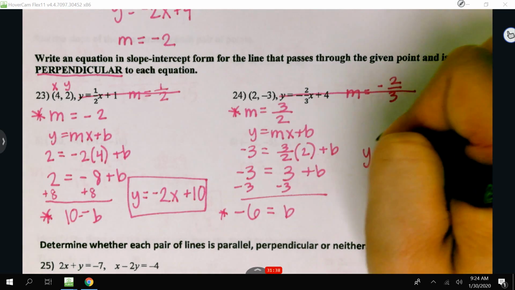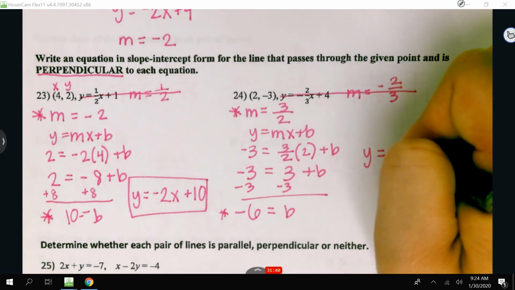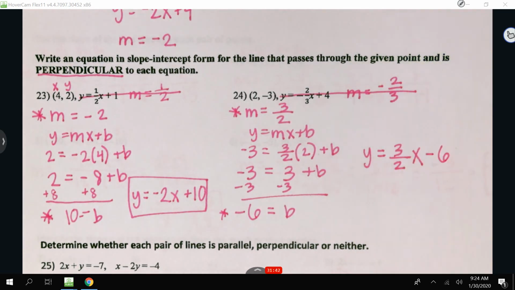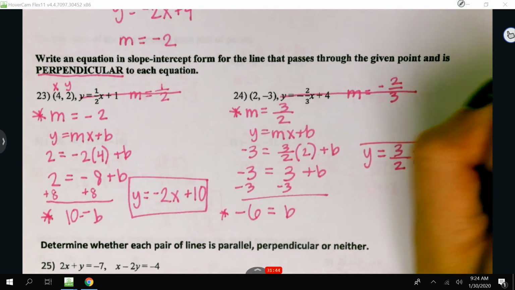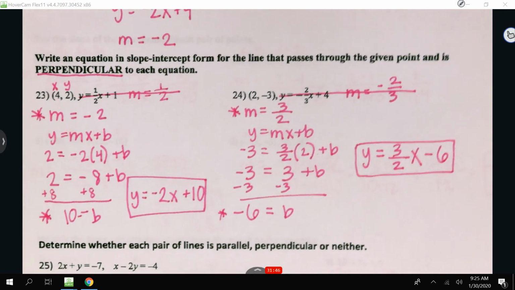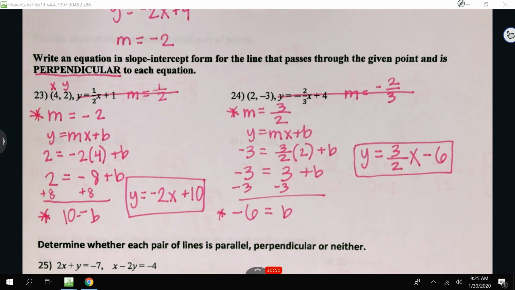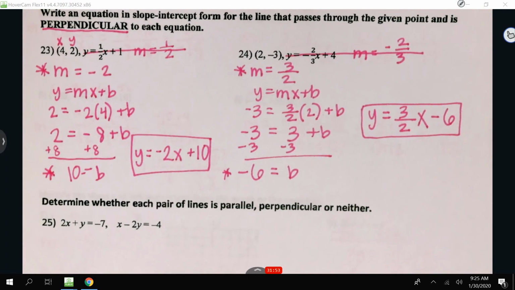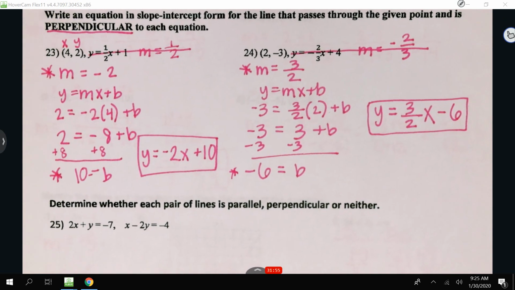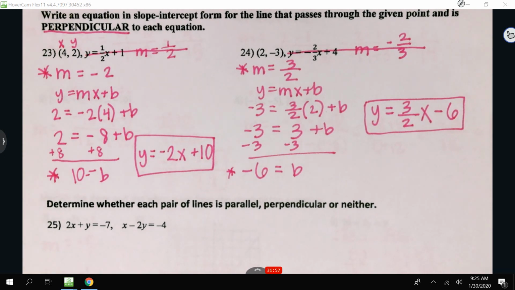Y equals 3/2x minus 6. Good. Questions on that? We good?